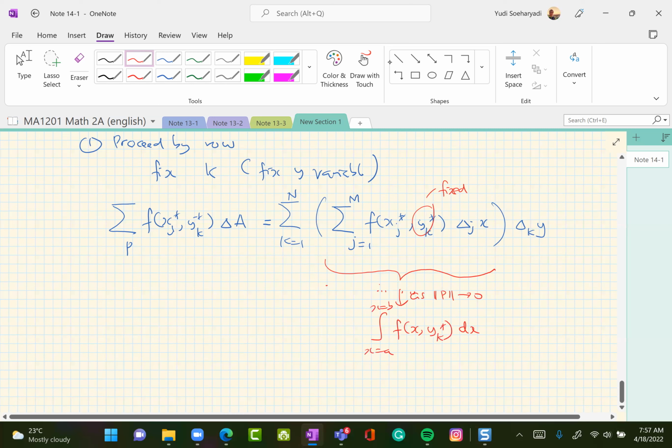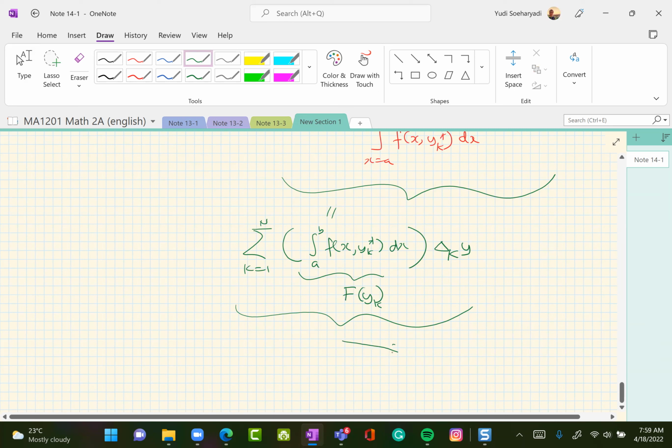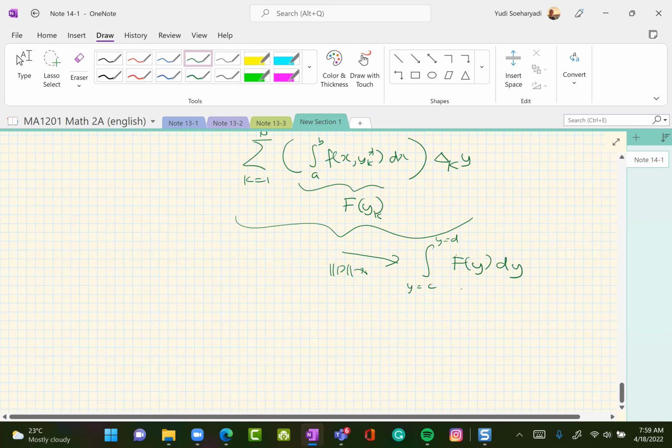So in fact, this is a Riemann sum. Okay, so the whole thing is a Riemann sum that goes to the integral of this thing, from y equals c to d.